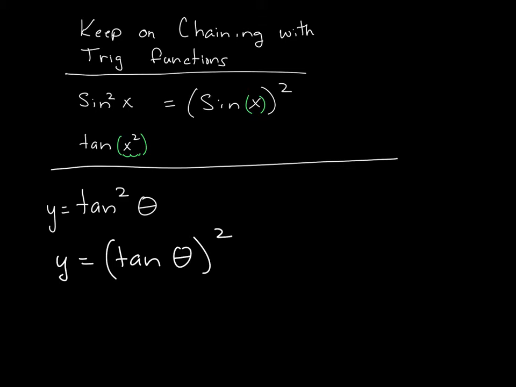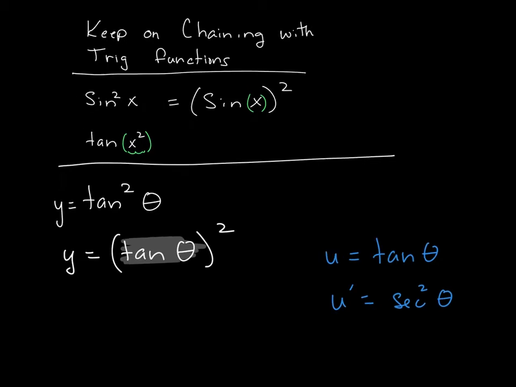So using the chain rule, the inside portion is going to be the tangent of theta. We're going to go ahead and let u equal tangent of theta. The derivative of the tangent of theta is just the secant squared of theta.